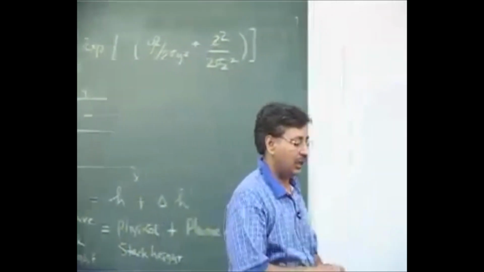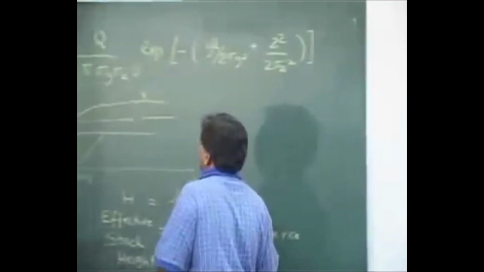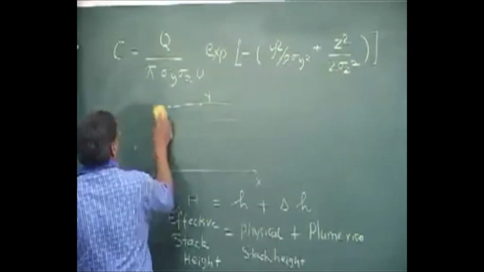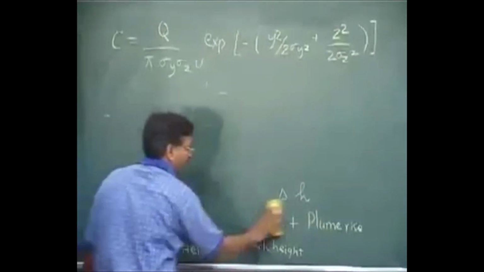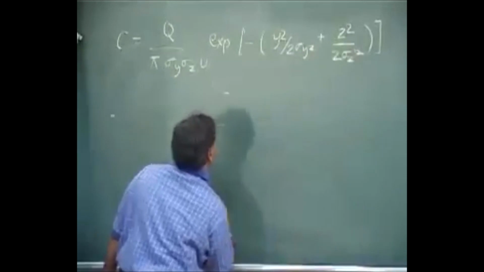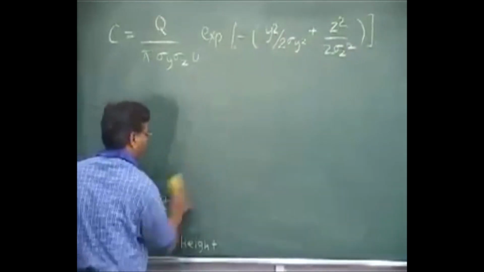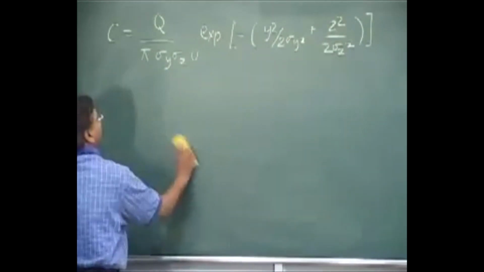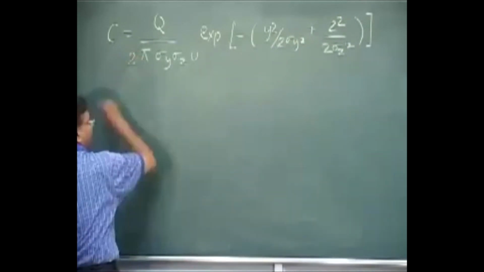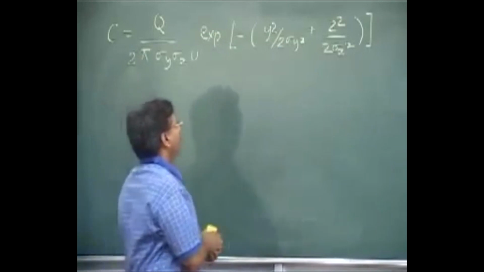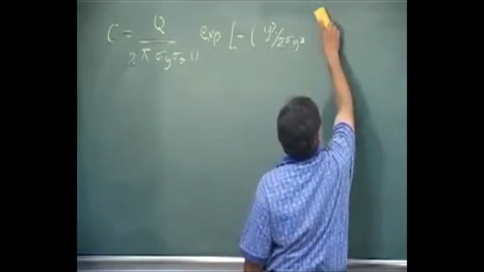See if you agree with the equation I write here. That will be considering the reflection part. I'll write that one. Let me see if I can modify this. So the 2 should certainly come. Let me see.